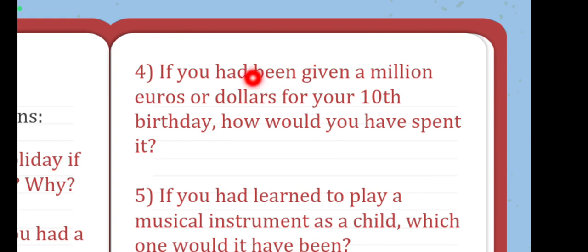This is third conditional. If you had been given €1,000,000 or dollars for your 10th birthday, how would you have spent it? Well, I don't know.